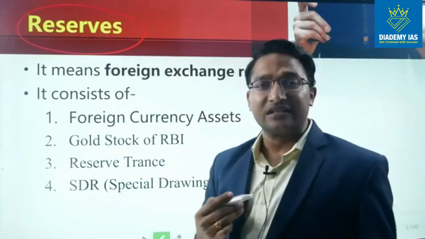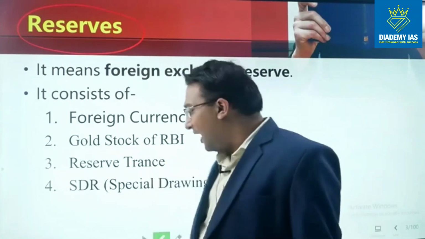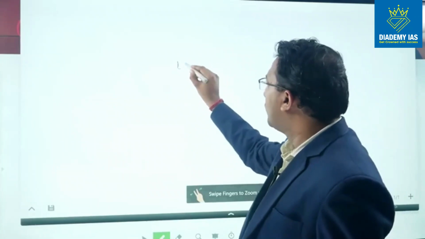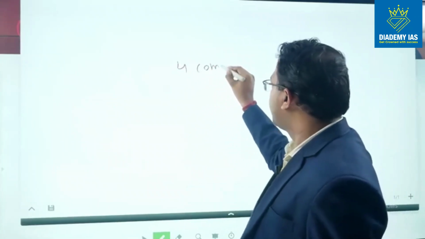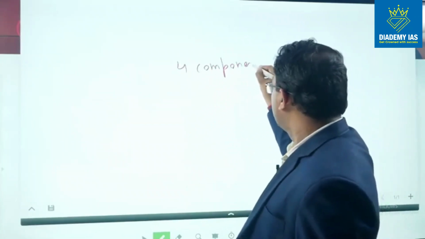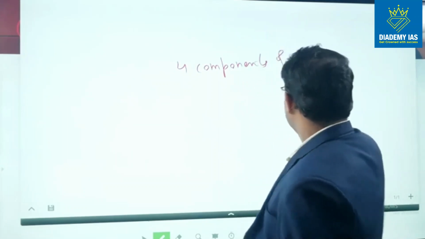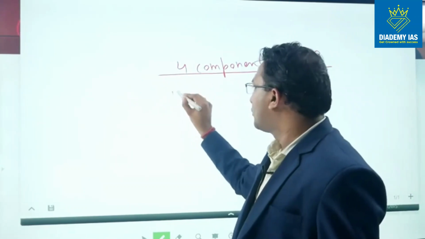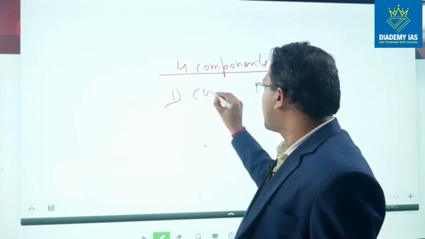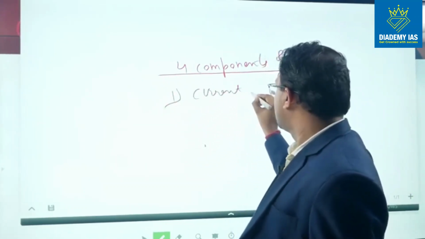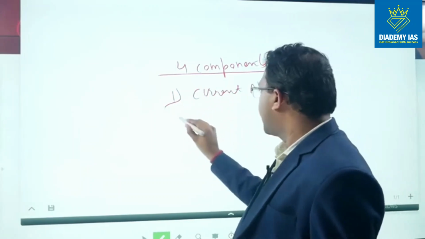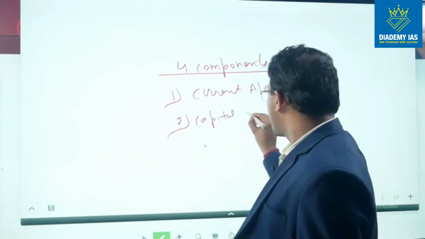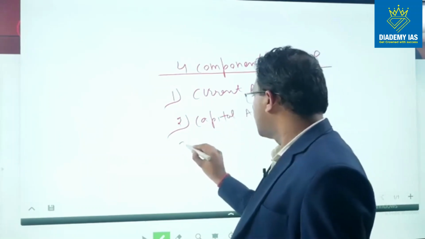So in the overall schema of balance of payment, I hope you remember that there were a total of four components of the BOP. The first component is current account transactions. The second component is capital account transactions.